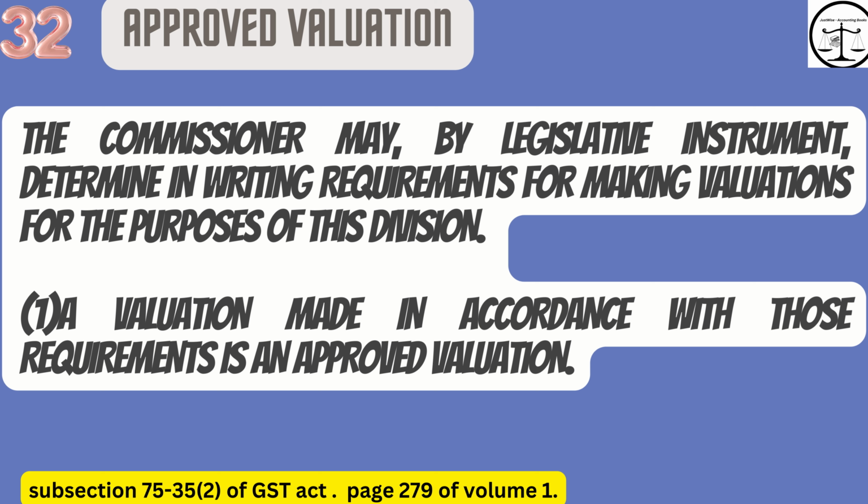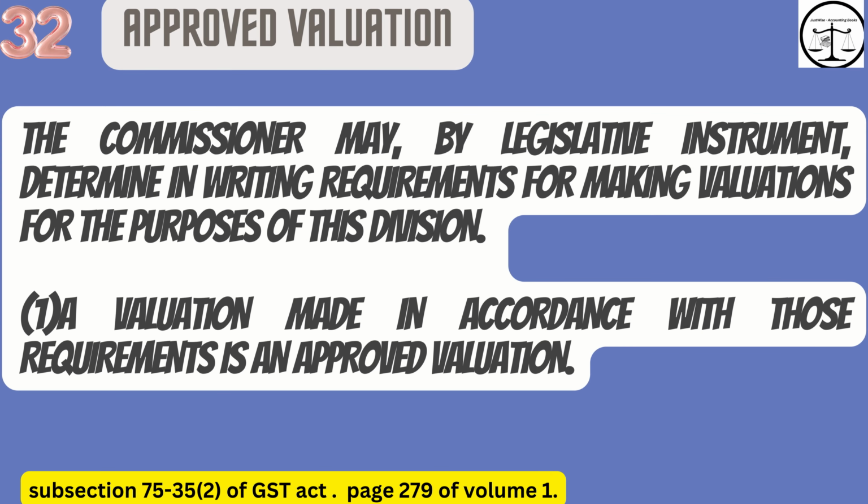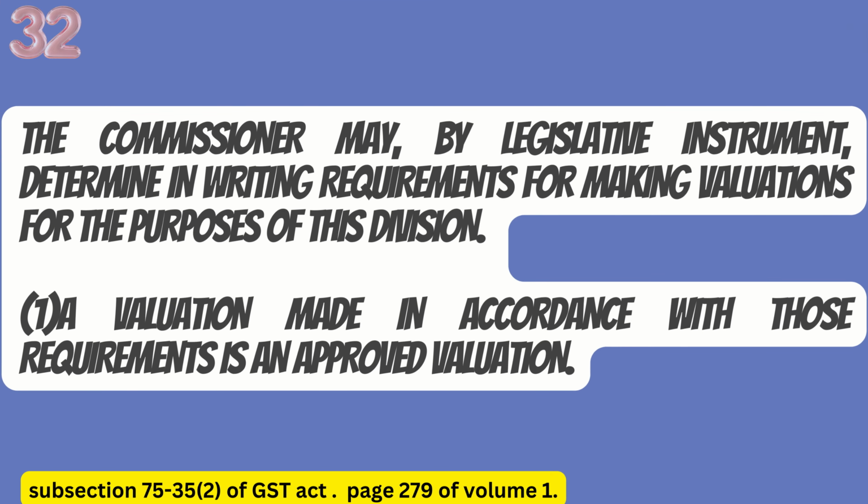You can find this information on page 279 of Volume 1. This states that the Commissioner may, by legislative instrument, determine in writing requirements for making valuations for the purposes of this division. 3. A valuation made in accordance with those requirements is an approved valuation.